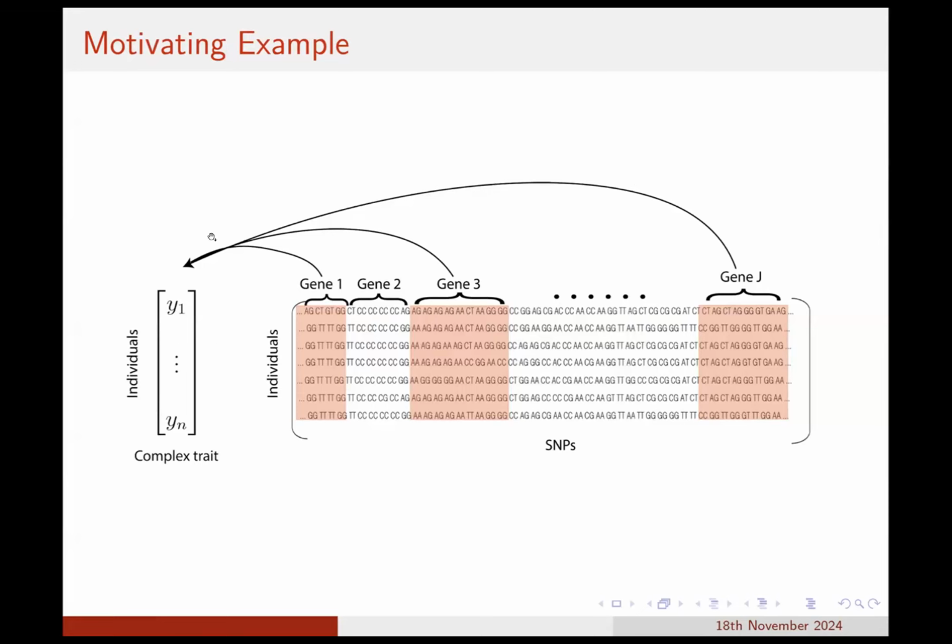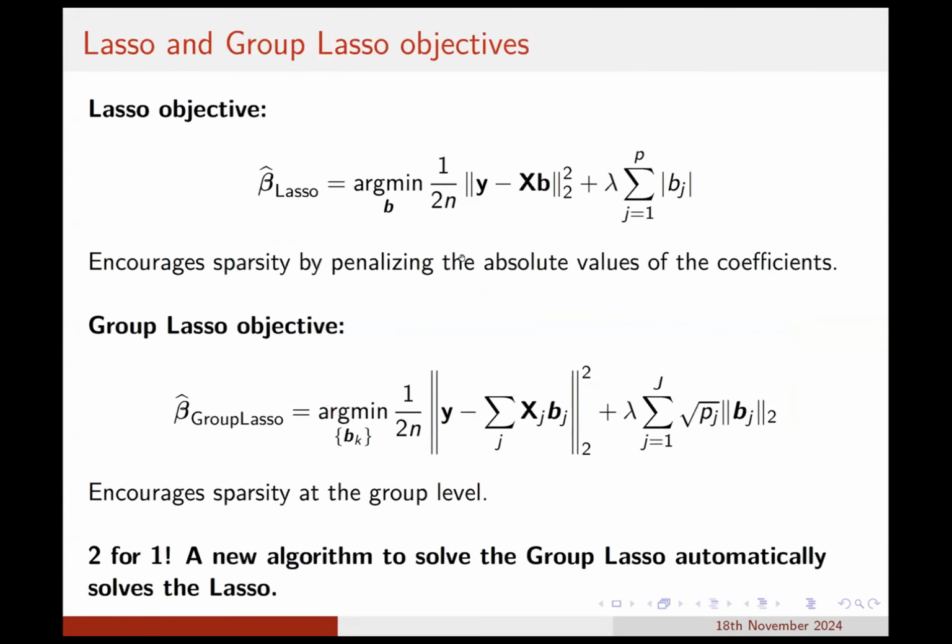So this may be a group of individuals that share a trait like susceptibility to heart disease or lung disease, and we want to identify which genes are predictive. And these genes are usually grouped by domain experts, so we can consider them as a group of predictors.